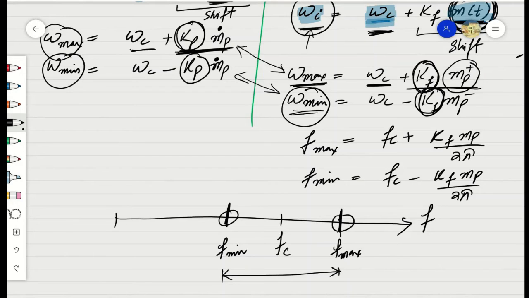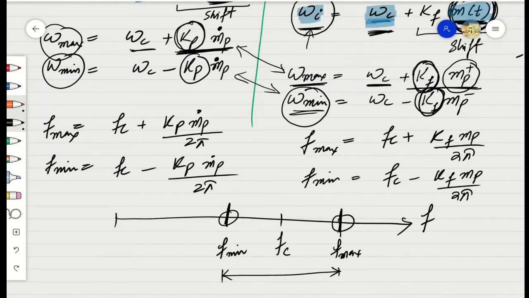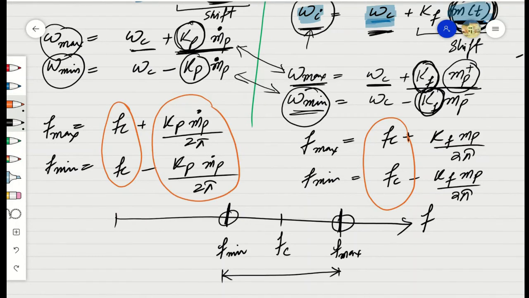Similarly, for the case of phase modulation, the maximum and minimum frequencies can be expressed as, where the first part of these expressions represents the central frequency, that is the frequency of the carrier signal, and the second part of these expressions represents the deviation in frequency introduced by the information signal.